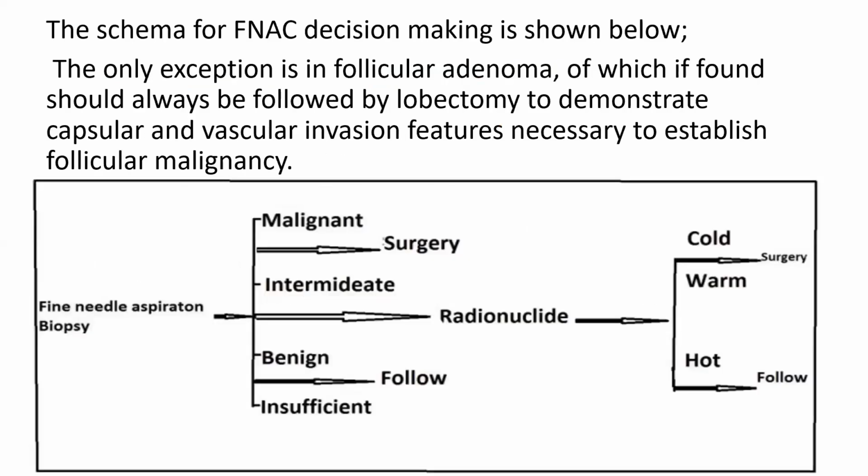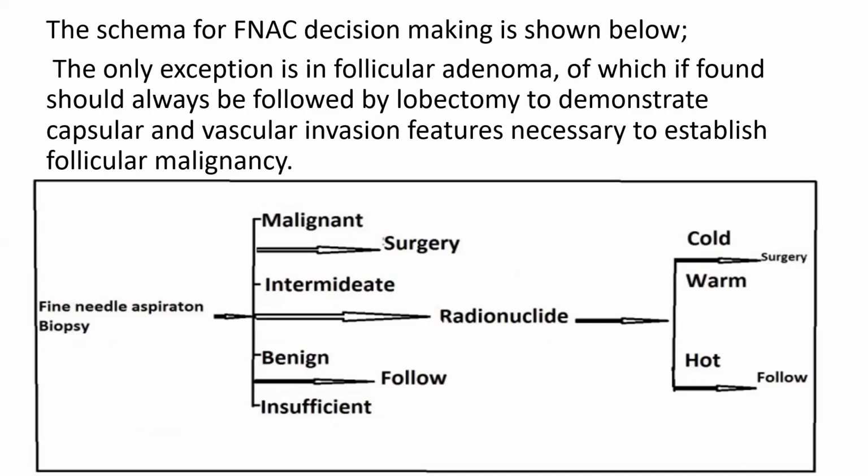And this is just a schema of fine needle aspiration cytology, what has been done. The only exception is the follicular adenoma, which should always be followed by lobectomy. Then you send the tissue to histopathology to exclude capsular and vascular invasion features, which are typical features of follicular malignancy.